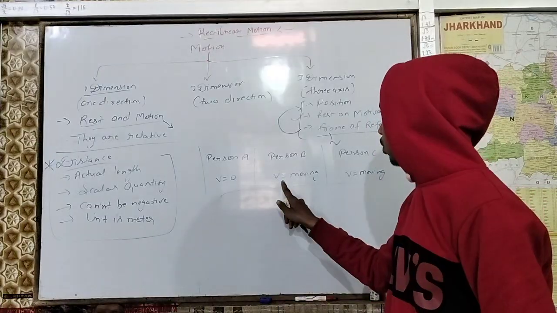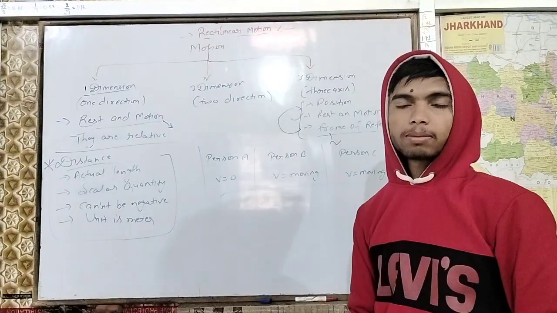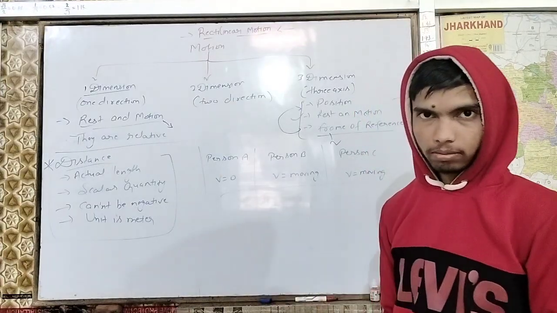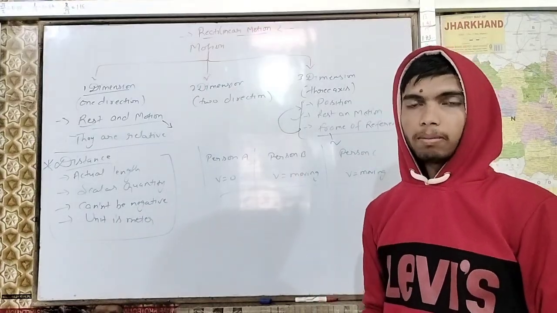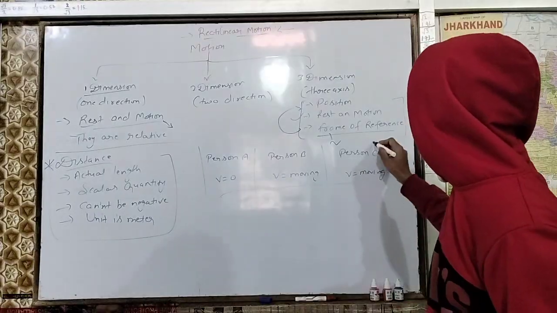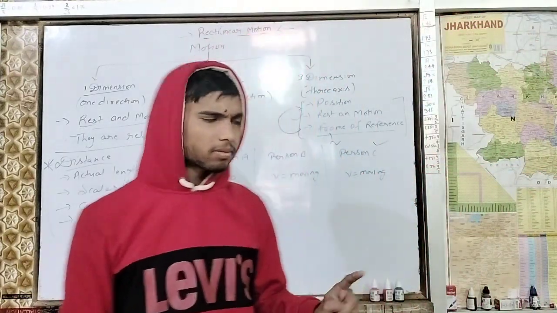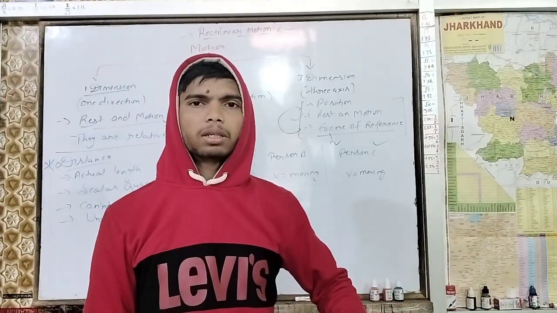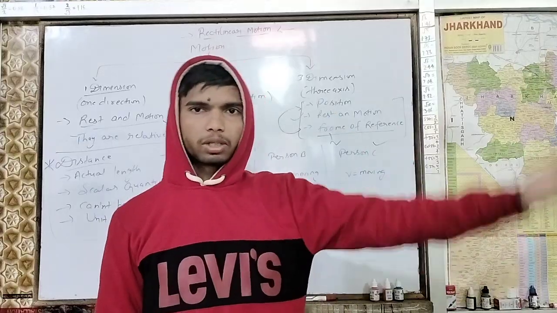Now person B is given with a velocity that is not zero, which means it is moving with some velocity. Whereas person C will be accelerating, meaning with some velocity it will cover too much distance.